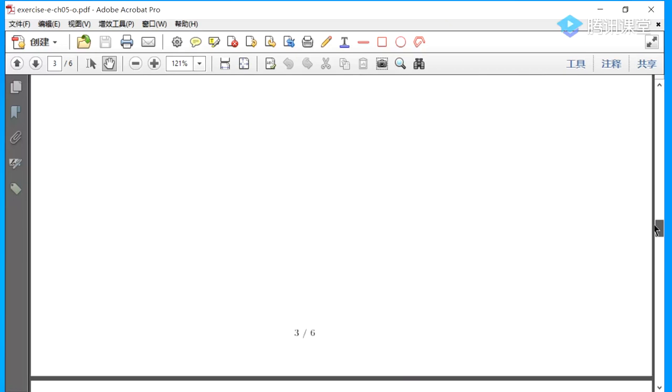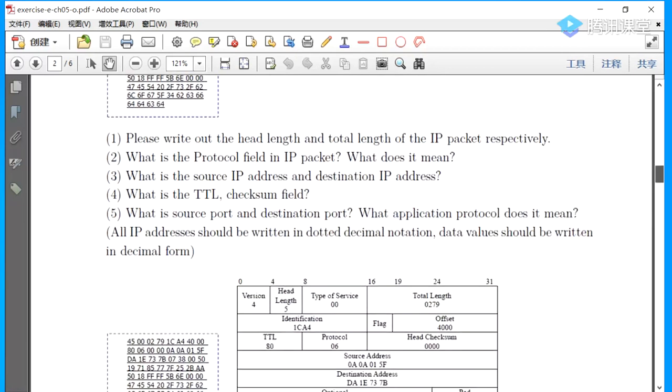So we can get the answer. The protocol field in the IP packet is 6. It means the transport protocol TCP is encapsulated in the IP packet.